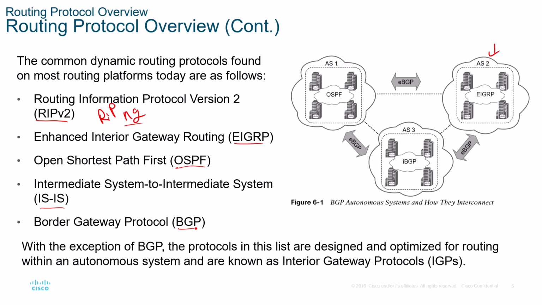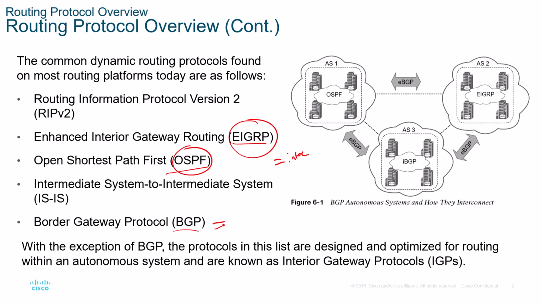In our level of understanding of what we need to know, in reality, we're looking at EIGRP, OSPF, and BGP. These are the three main routing protocols. EIGRP and OSPF are the common interior protocols.